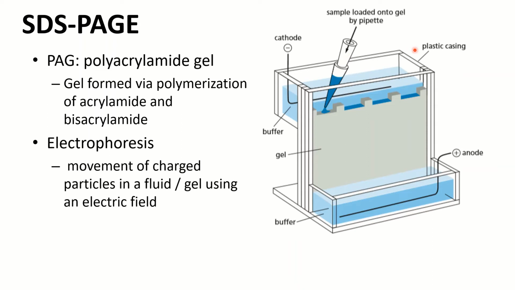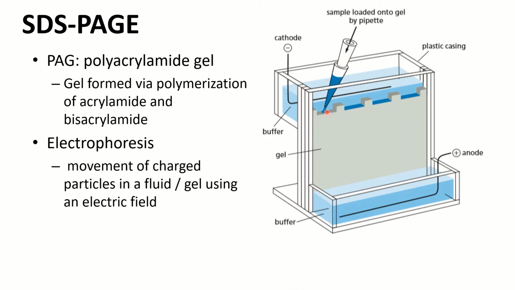So we have here an illustration of the setup, wherein on the top portion, this is our gel here in the middle, and you can see here there are wells, or hollows on the top portion of our gel where we load our sample of proteins later on. So using a micropipette.